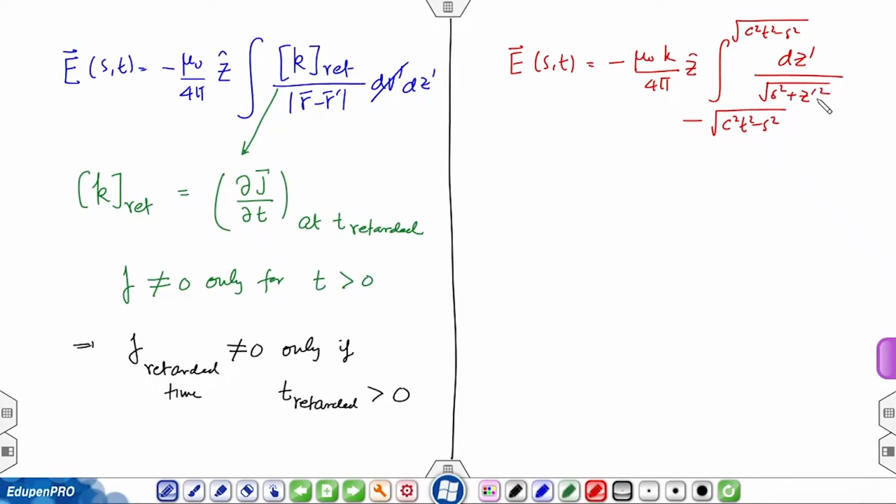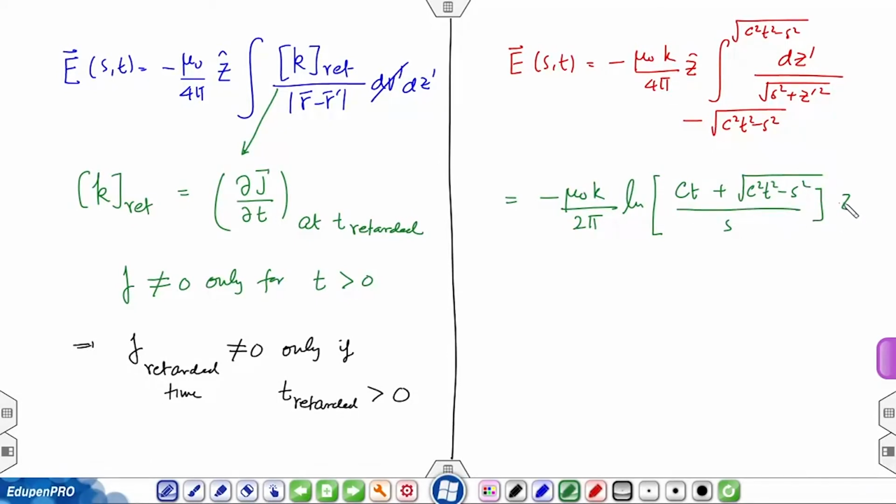You can substitute z prime equals s tan theta and do the integral, and the answer you finally get is minus mu 0 k over 2 pi log of (ct plus square root of c squared t squared minus s squared) over s, in the z direction. That is the answer for E.